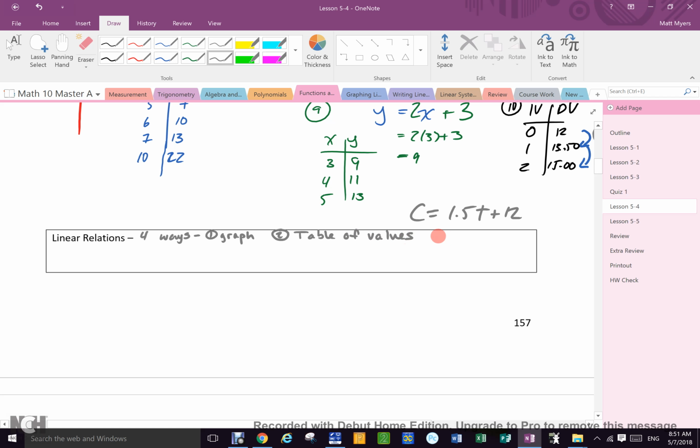They're the same thing. 3, you can have an equation. 4, you can have words. You can now do all 4 of them. What is the thing that's the same in all of them? The rate of change is what?